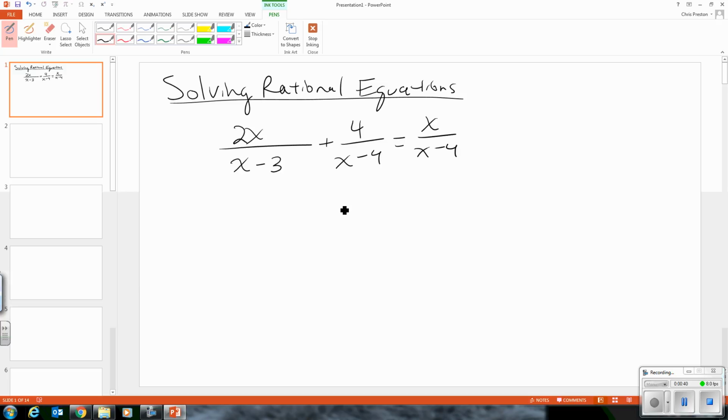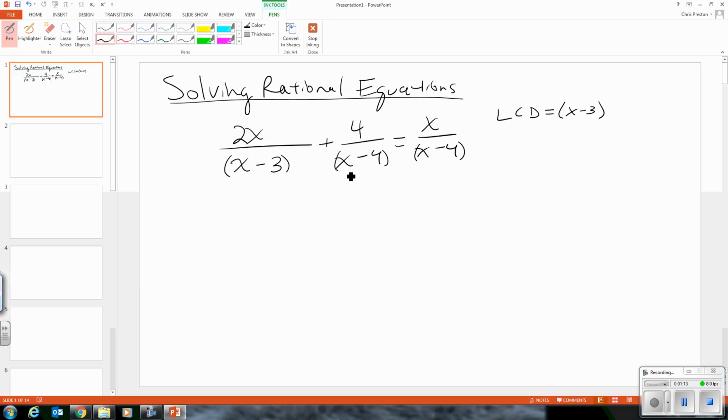It is 2x. All right. So what I want to do here is, first off, figure out the least common denominator. I'm going to look at all these denominators, and the least common denominator is the one that covers all of these, so it has all the factors that show up. The first one has nothing to factor, so x minus 3 is its factor.